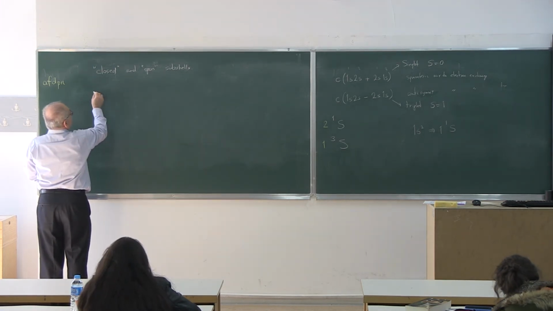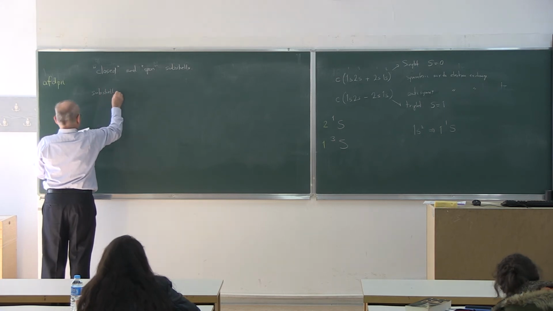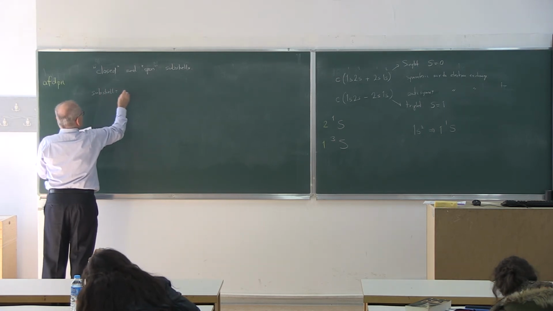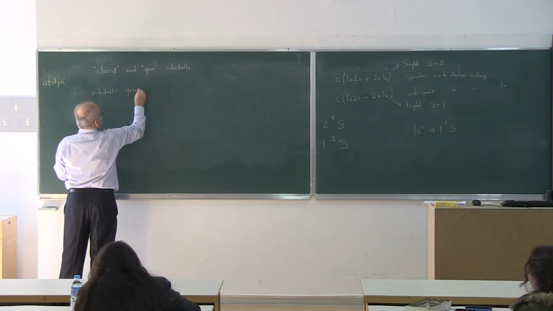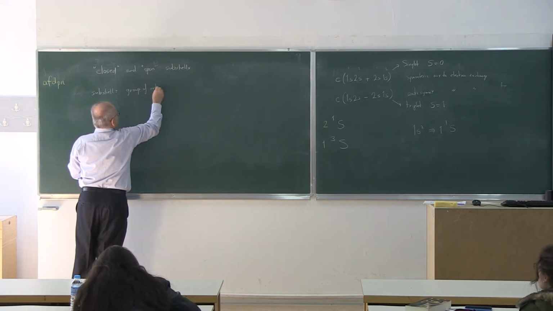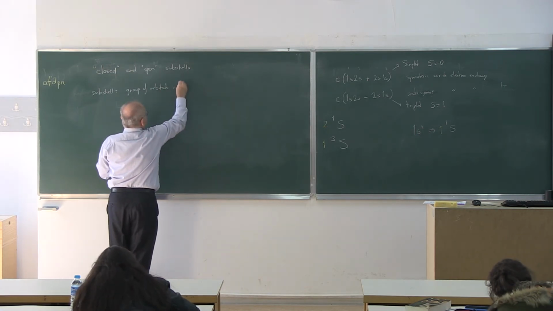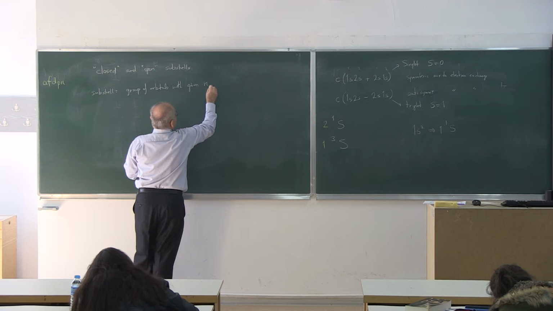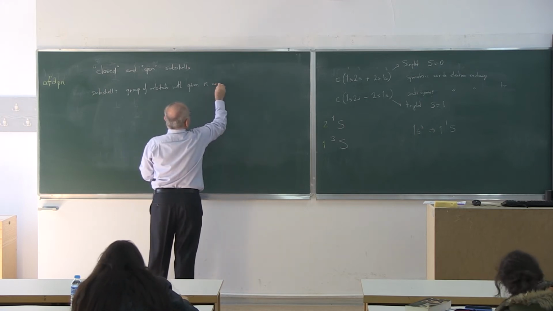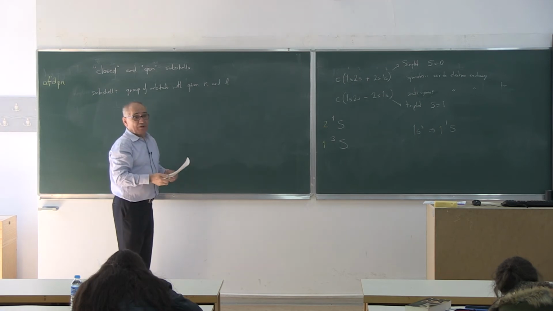First, let us start with a subshell. A subshell is a group of orbitals with a given n quantum number and L quantum number.